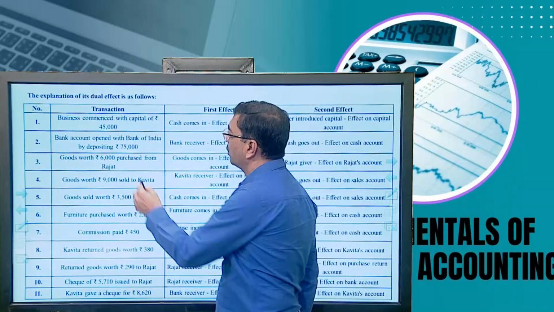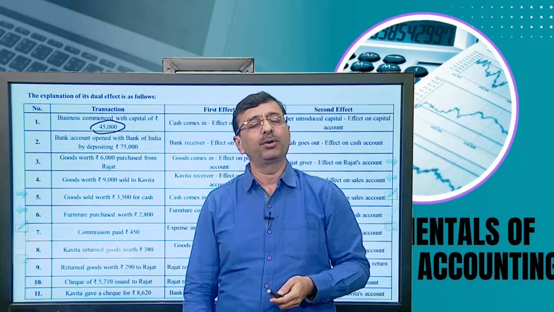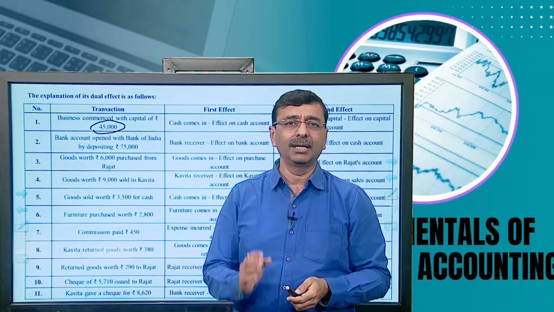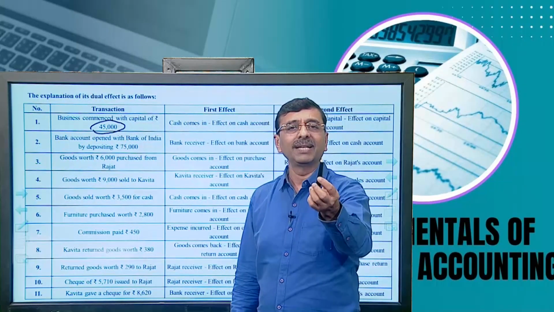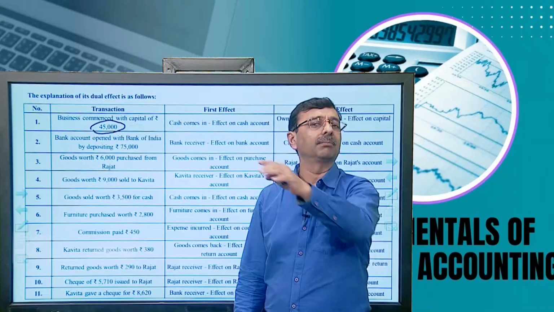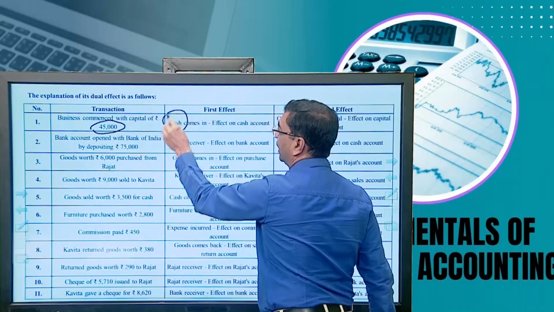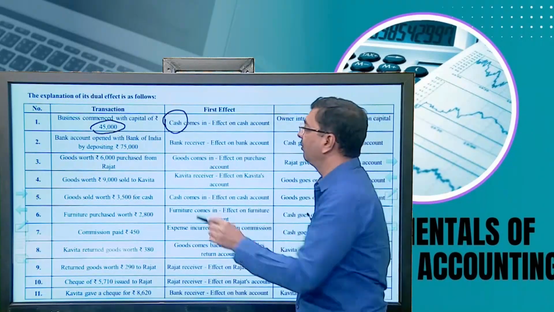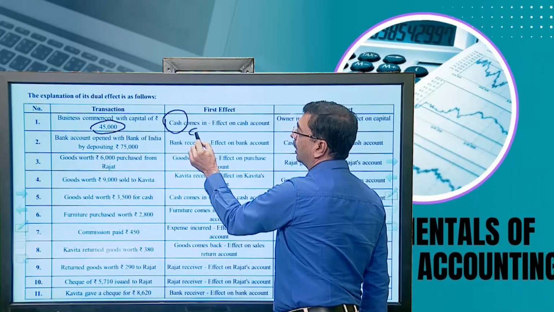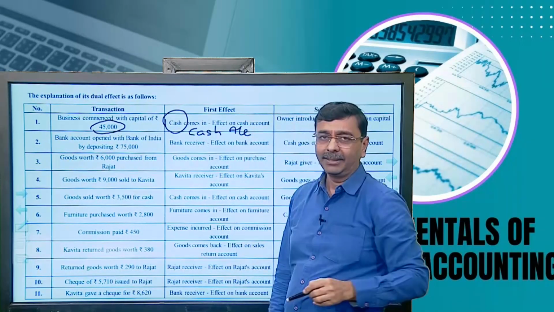Business commenced with rupees 45,000. It means we need to post-mortem the transaction first. Business starts with 45,000, it means something comes in. What comes in? Cash comes in, and that is the effect on the cash account. So here the account is the cash account, right?